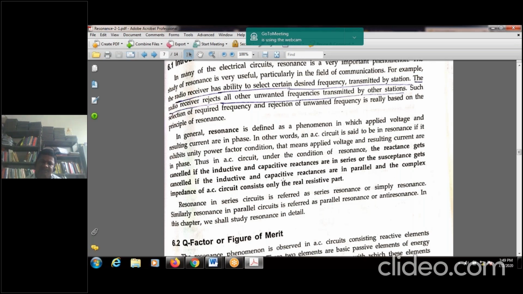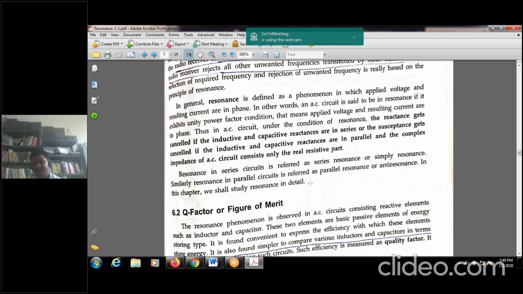Generally at resonance, the applied voltage and resultant current are in the same phase. And when the circuit is in resonance, the total current mainly depends upon the resistor only. The total impedance of the circuit is equal to R only.